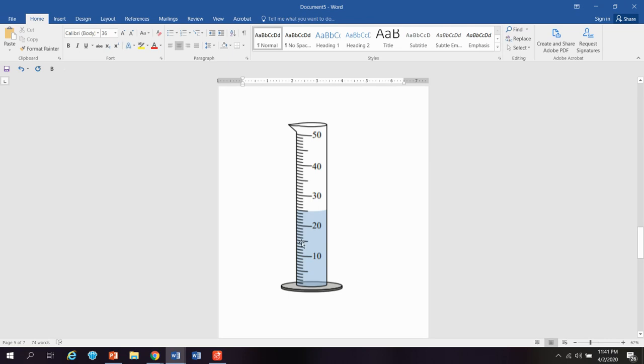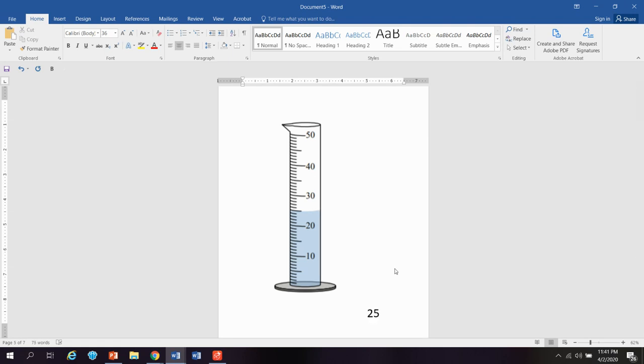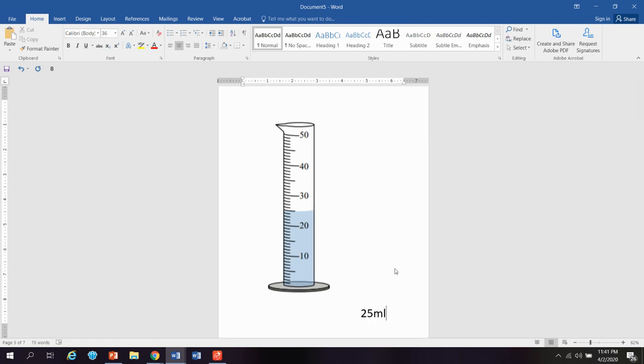So if you look in between each one, those are all counting by five. I could start down here and count 5, 10, 15, 20, 25. So I know that there are 25 milliliters in this beaker.